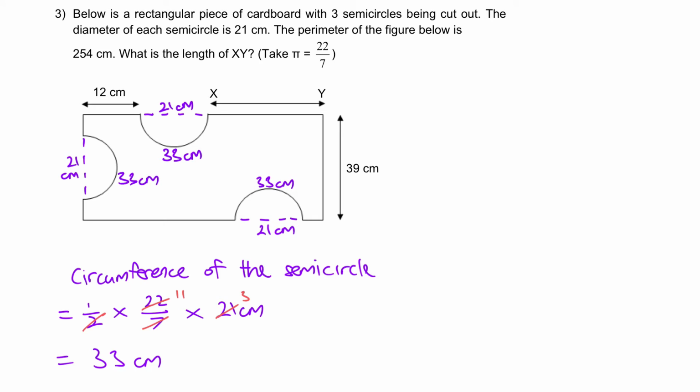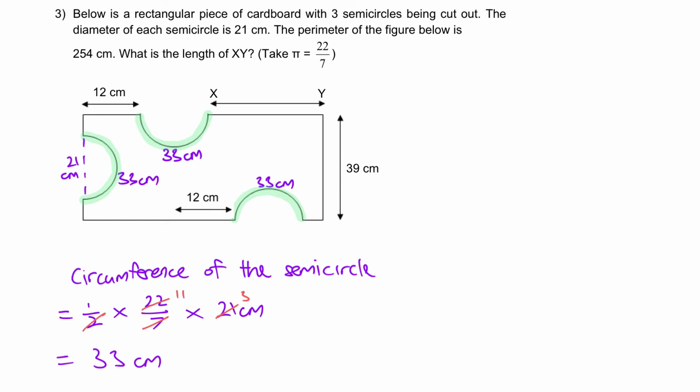Okay. Now, maybe let me remove all this. Again, to highlight 33, 33, and 33. Now I'm going to give you a hint on how to proceed. What if we take this 12 centimeter and then put it here? We put it nicely here.